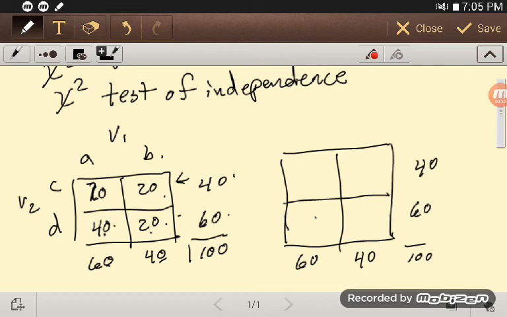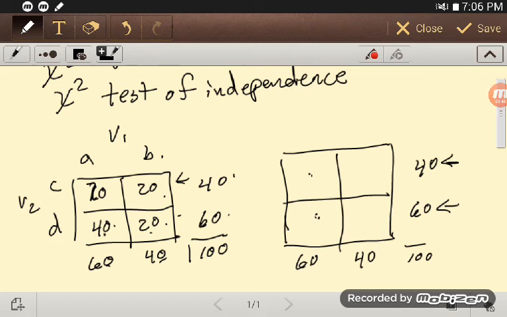And so what I need to have is of this 60, I need 40%. So you see this row has 40%, this row has 60%. So I need these two blocks to make that work that way for this same 60.